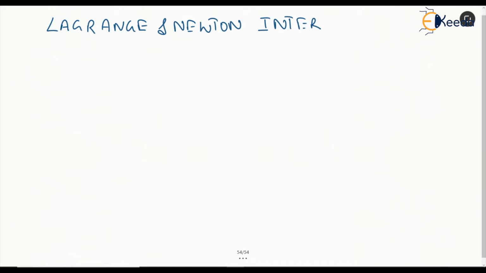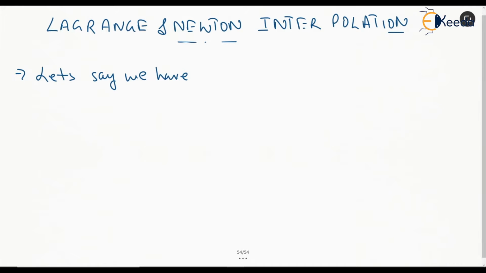So it is interpolation. Let's say we have some points as x: x0, x1, x2 and up to xn, and for these points we have a function value f.